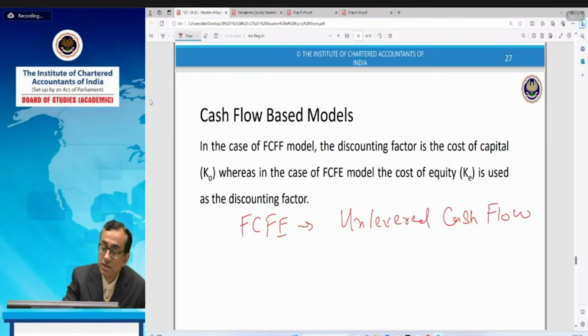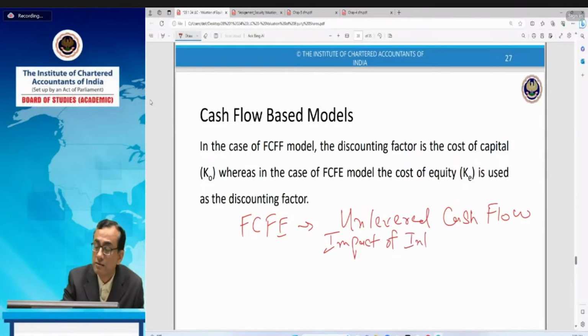So the impact of interest and debt is not taken into account.